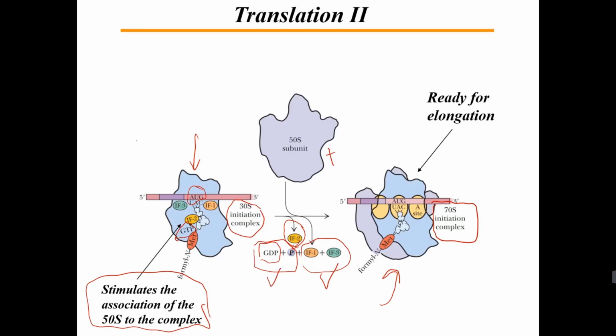So when the 70S initiation complex is formed, which we see here, the ribosome is ready for the elongation phase of protein synthesis. And we can see that the fMet tRNA molecule occupies the P site on the ribosome, and the other two sites for tRNA molecules, the A and the E site, which is over here, are empty.